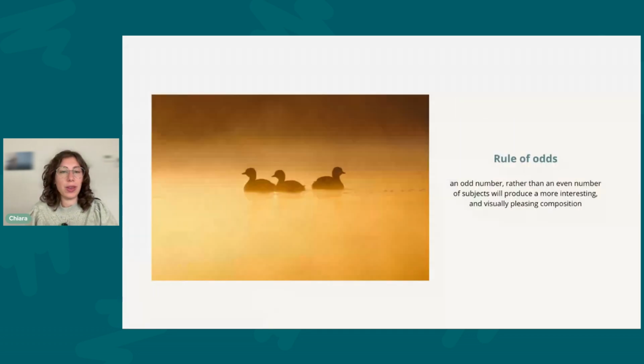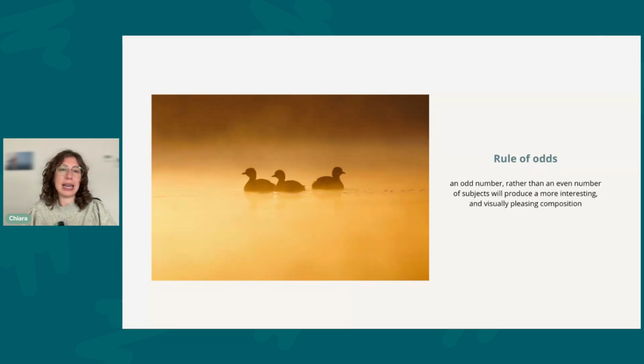Now, thinking about photos with multiple subjects, I would like to introduce the first of several rules that we're going to see together, namely the rule of odds. According to this rule, an odd number rather than an even number of subjects will produce a more interesting and visually pleasing composition. So in this example, you have three little grapes.